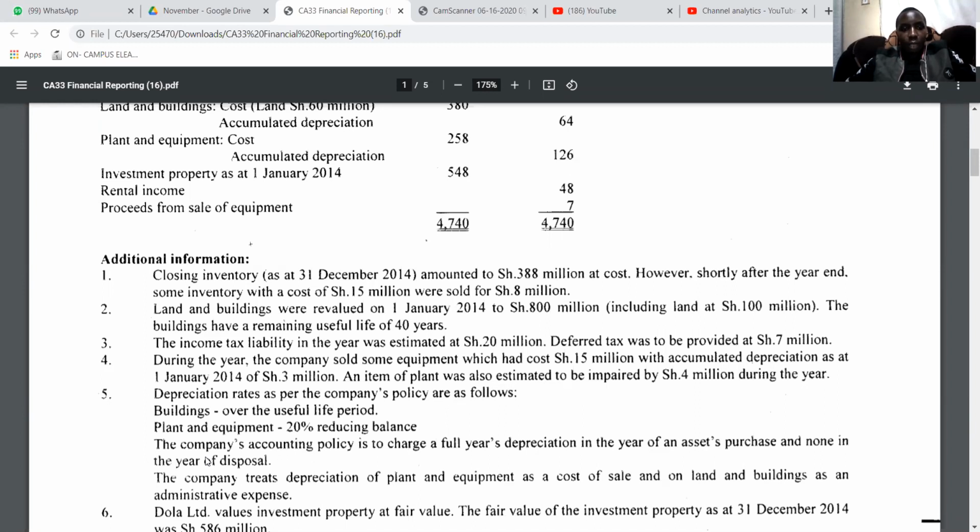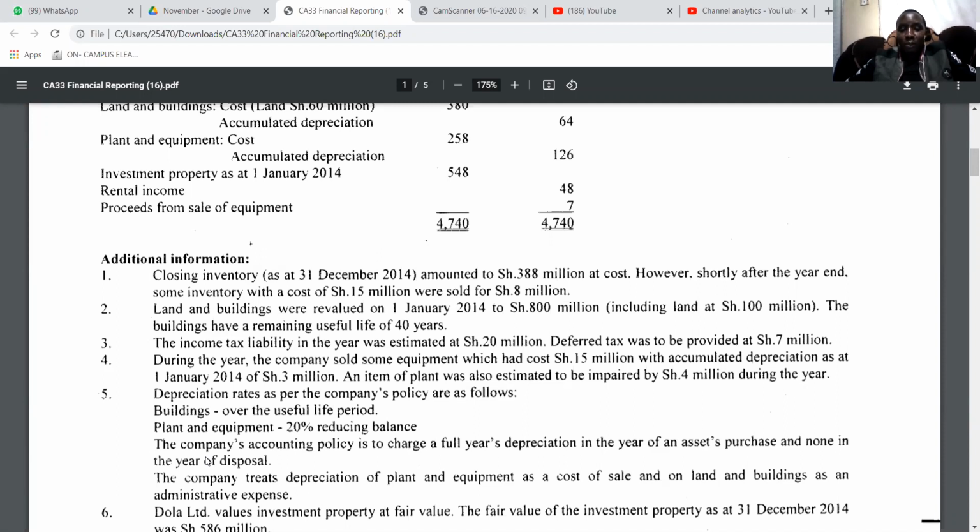Maybe someone can remind me. Which standard do we use to measure inventory? IAS 2. Which says? Lower of cost or net realizable value. Congratulations for remembering that.